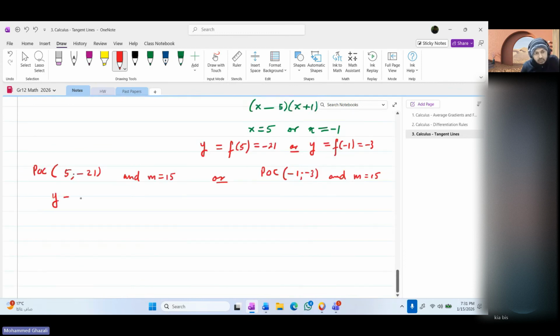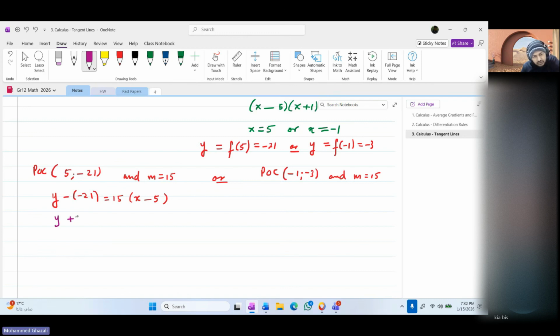So y minus y1. What is y1? Negative 21 is equal to m, which is 15, into x minus x1. X minus x1 is 5. By the way, we use the formula y minus y1 equals m into x minus x1.